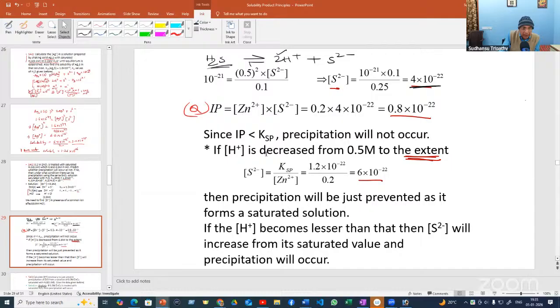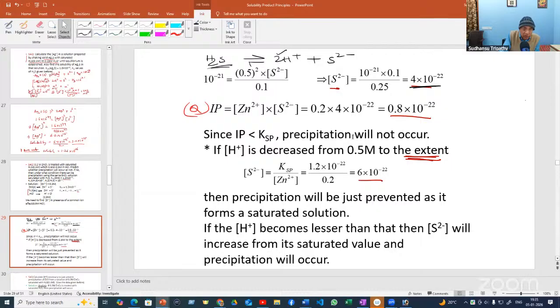But if H plus ion is decreased from 0.5 to the extent that the sulfide ion concentration becomes 6 into 10 to the minus 22, so I have found out what the saturation value is. The saturated sulfide ion concentration is 6 times 10 to the negative 22.